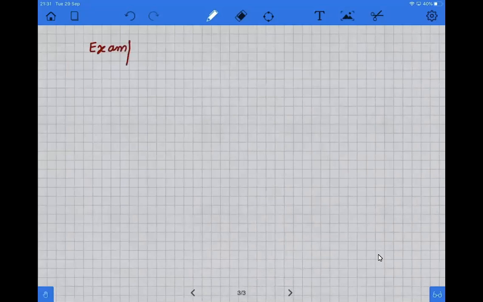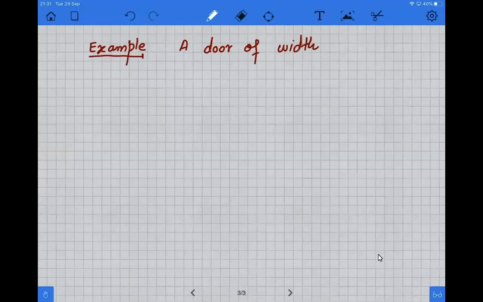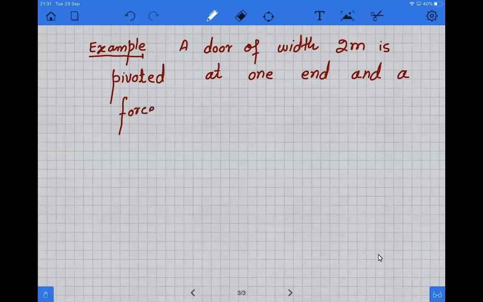Example number one. A door of width 2 meter is pivoted at one end and a force of 1000 Newton is applied to close it.